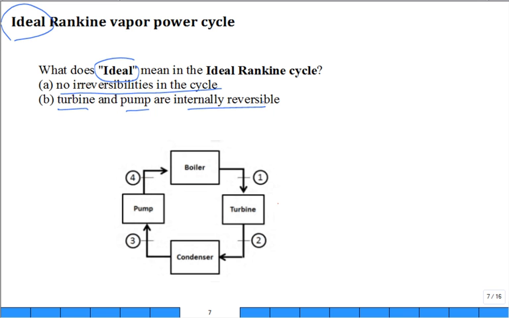B. Basically, the isentropic efficiency of the turbine is left at 100%, and the isentropic efficiency of the pump is left at 100%, meaning there are no irreversibilities in the turbine and no irreversibilities in the pump.